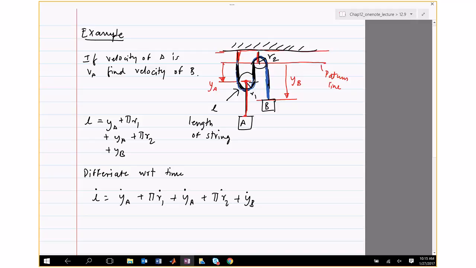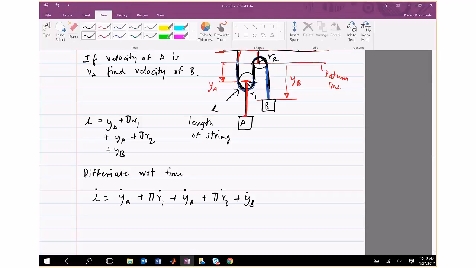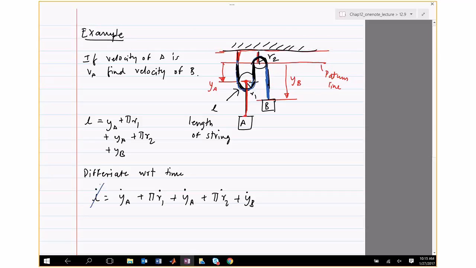Now, as you can see, the string is inextensible, so the length does not change with time. The radius of the pulleys cannot change with time. That's 0. So all we are left with is 0 equals 2 YA dot plus YB dot.